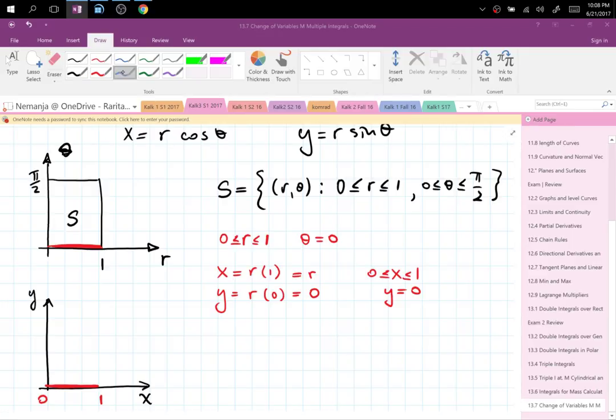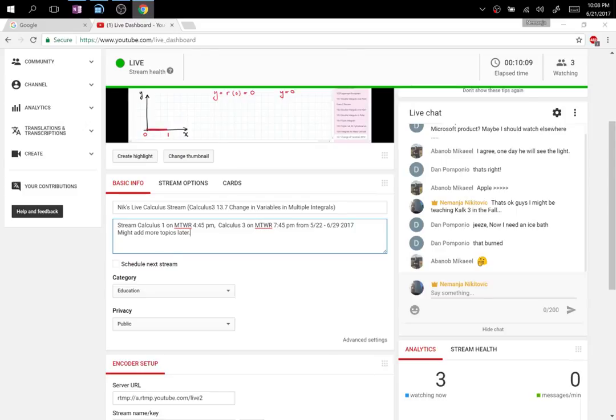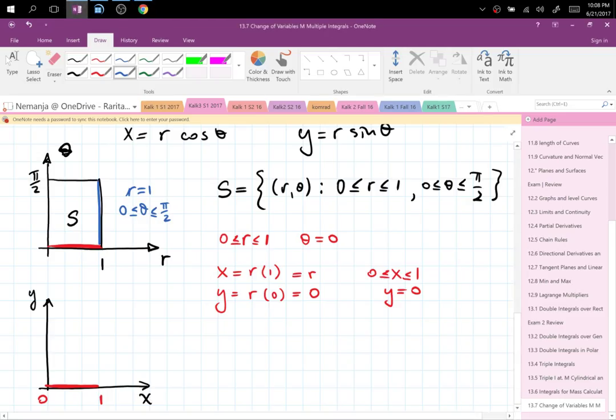The next line that I want to work on would be the blue line here. The blue line has R always 1, and theta changes between 0 and pi over 2. Did I turn the stream on? Yes, good. So now when I'm working on the blue one, I have R is always 1, and theta is between 0 and pi over 2.